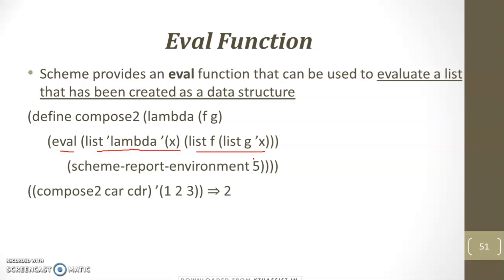Okay, so it will take the list as parameters, and using this eval function, the evaluation will be done. Here it makes use of one environment, scheme report environment file, which means that the eval function says in which version of scheme this evaluation needs to be done.